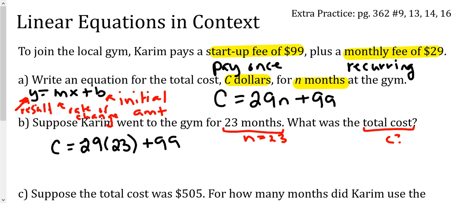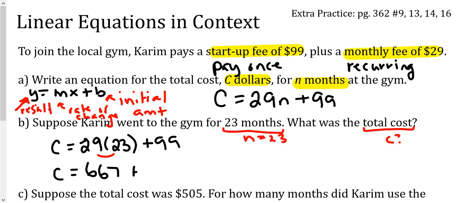I'm going to calculate this, making sure I'm following my order of operations. I'm going to do 29 times 23 first. And that's going to give me $667. So for almost 2 years of going to the gym, you're paying $667 in membership fees.